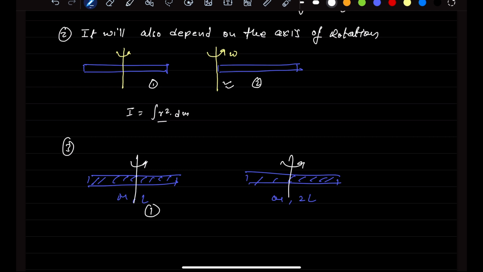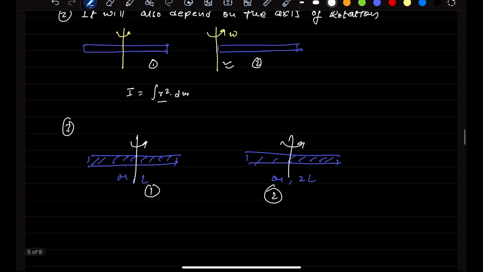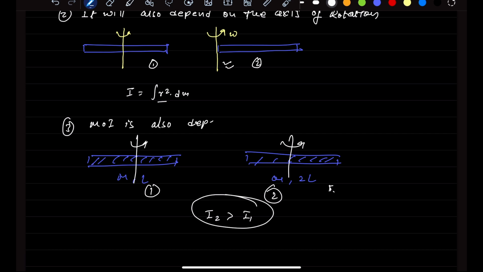Tell me in which case the moment of inertia will be greater. You can say naturally that the moment of inertia of 2 is greater than 1. What is the reason behind it? Because the distance of the mass distribution is greater in the second case compared to the first case.